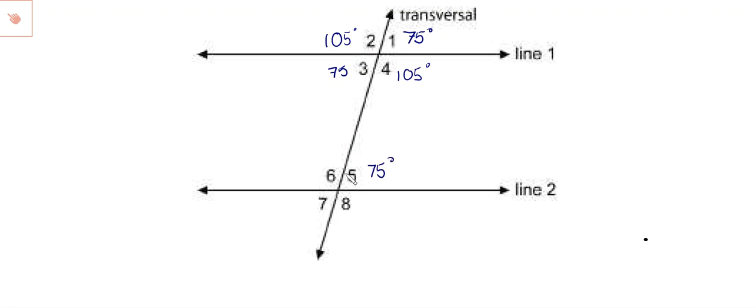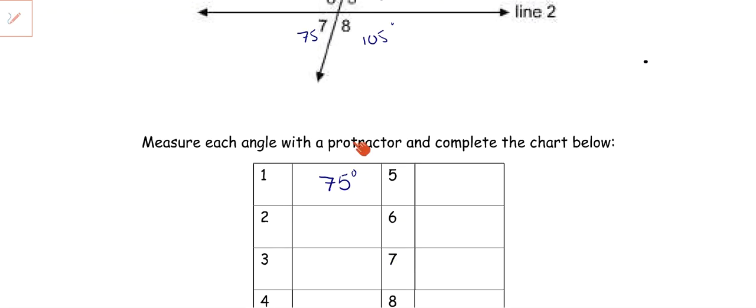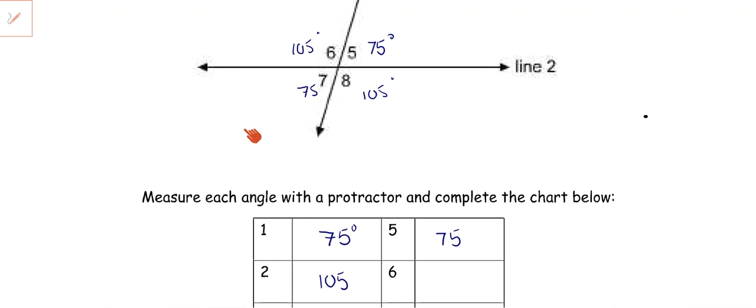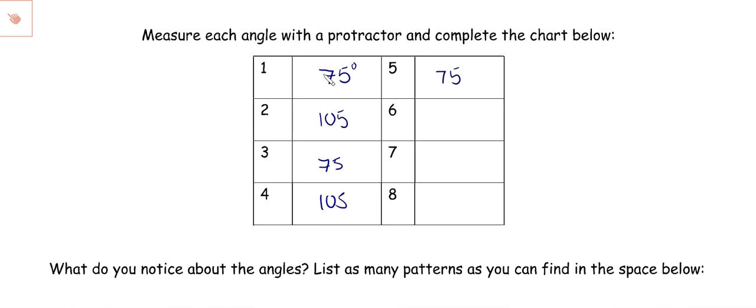Therefore, whatever's happening here is also happening down here. So we basically have 75, 105, 75, 105. Okay. Is it 75? 5? Yeah. 6, 105, 75. Okay.